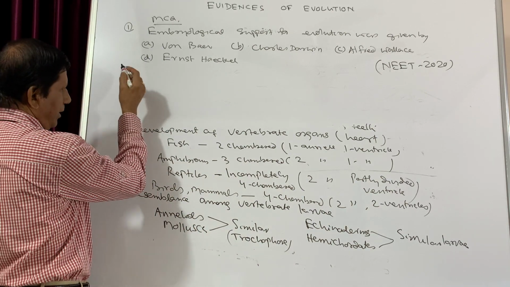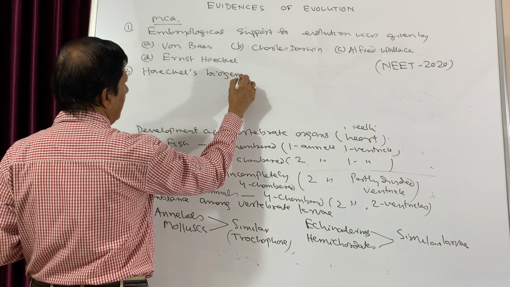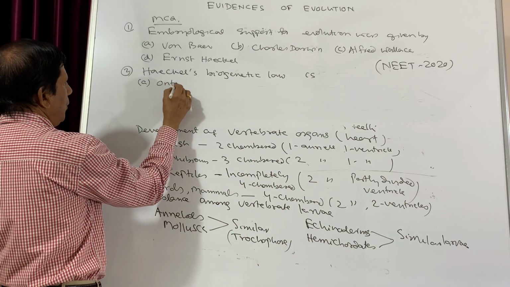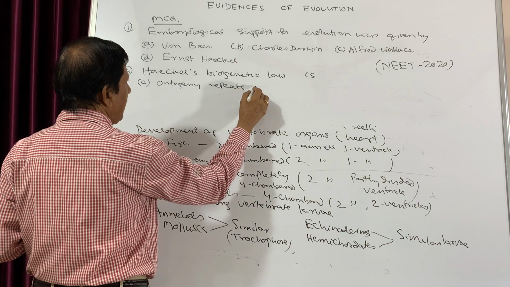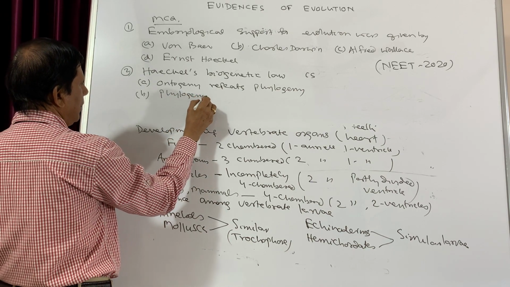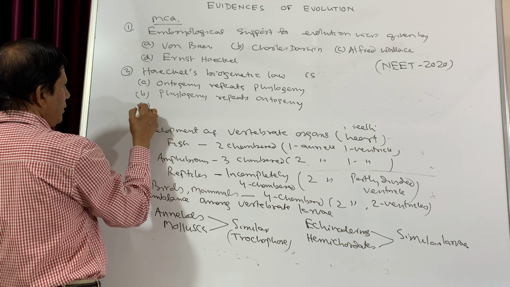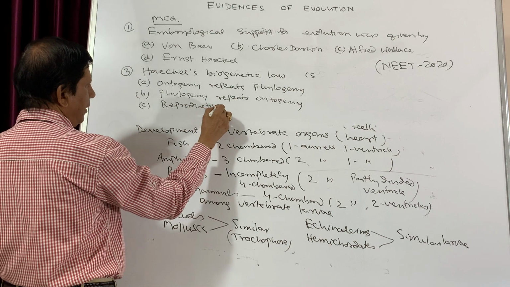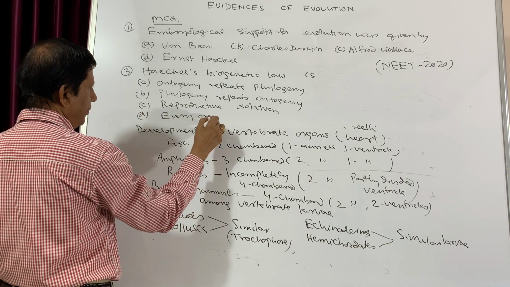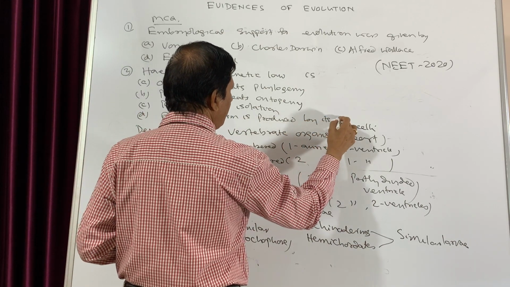Then the second question. Haeckel's biogenetic law is: first choice, ontogeny repeats phylogeny; second choice, phylogeny repeats ontogeny; third choice, reproductive isolation; and the fourth choice, every organism is produced by its parents.